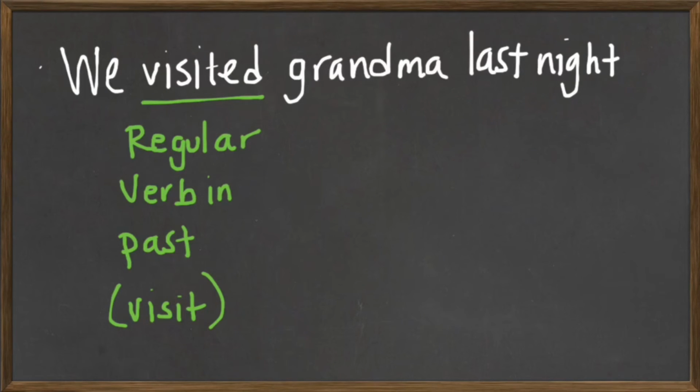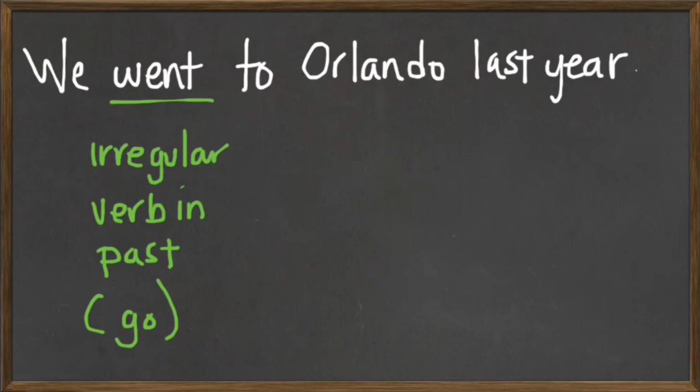Okay, example here: we visited grandma last night. This is a regular verb in past. You notice that the simple form is visit, and it changes to visited. Or we have, we went to Orlando last year. Irregular verb in past. As you can see, the original form is go, and it changes to went.